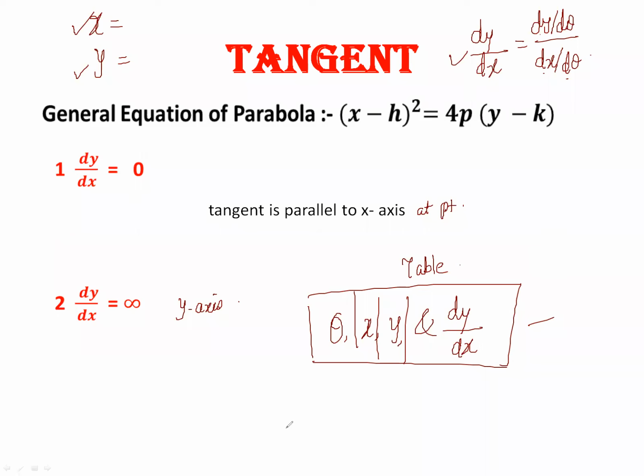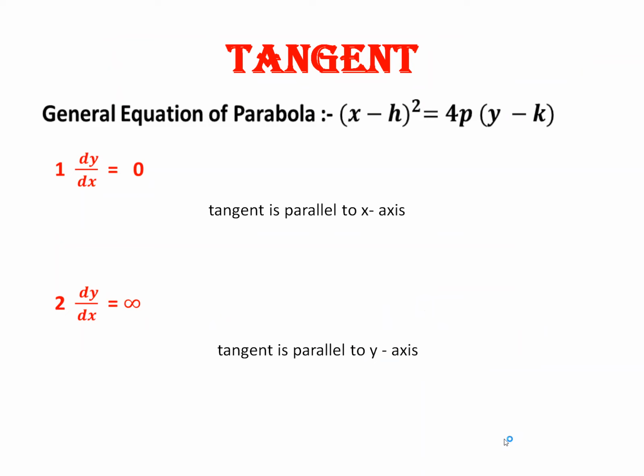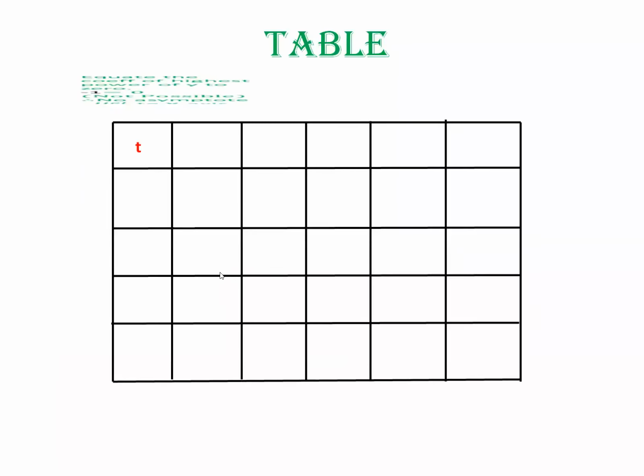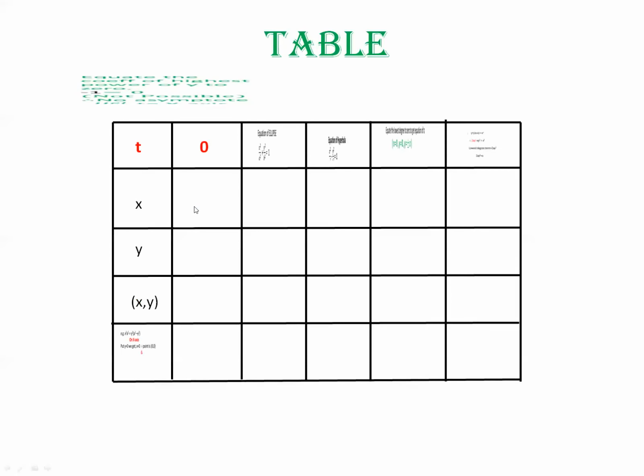Okay, so here we are taking the table. Here instead of theta I have taken t. Put the values of t. The first value we are taking is 0.